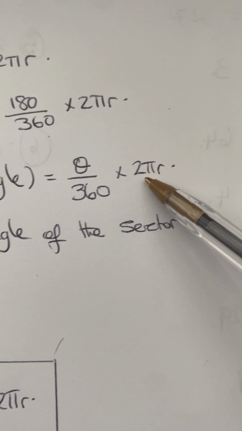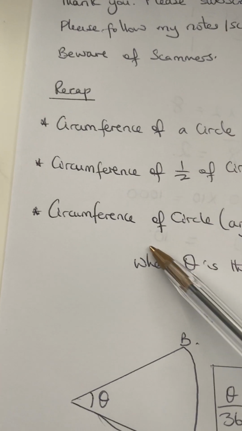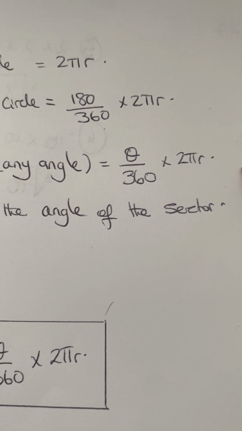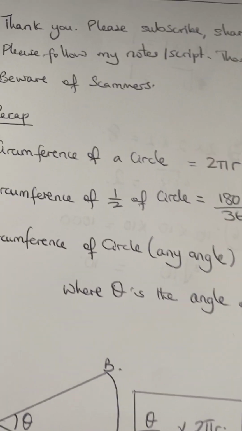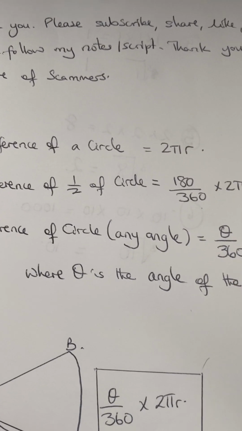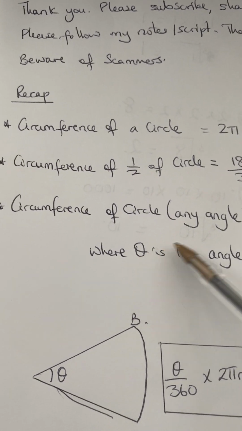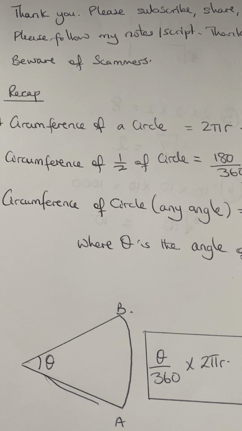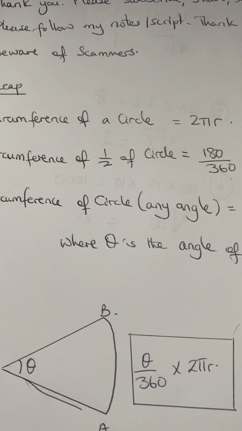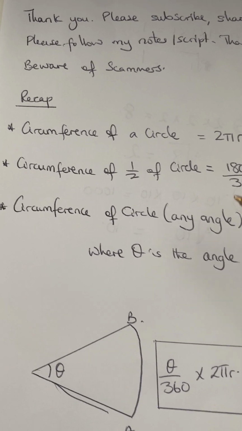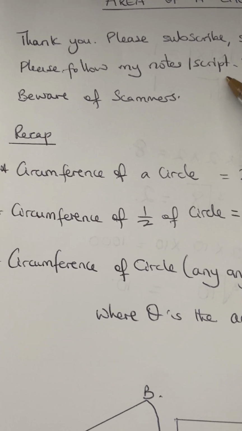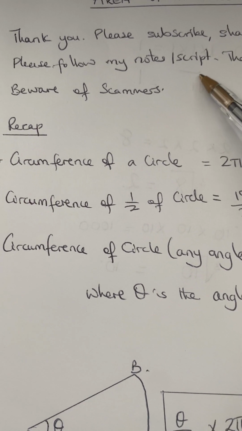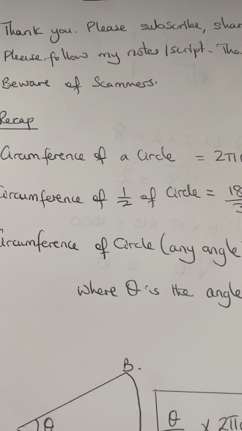This is about the circumference of a circle. If we are talking about the area, which we are going to do today, I'll be pointing at that part of the notes. Please follow my script and notes whilst I explain.